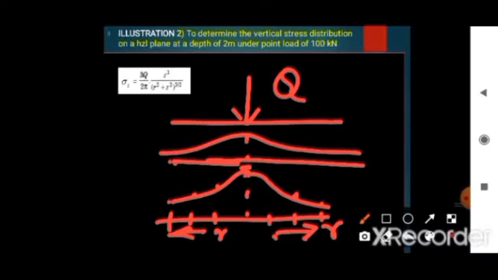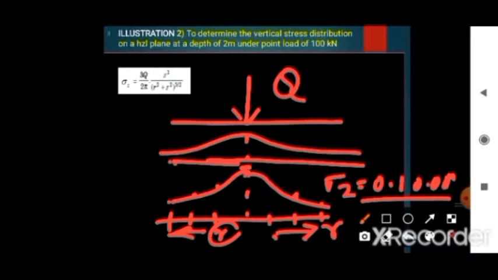So what we need to do is increase the value of r up to the point when sigma z will be something like 0.1 or 0.001, that is, the least among all the values. So we have to check the trend.